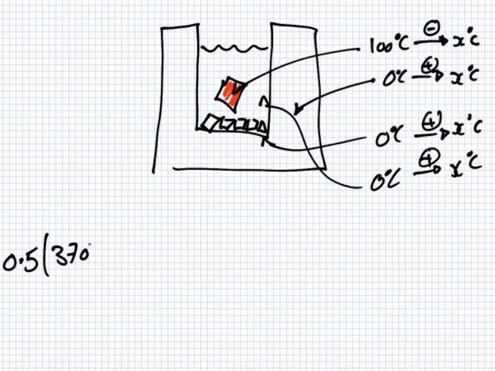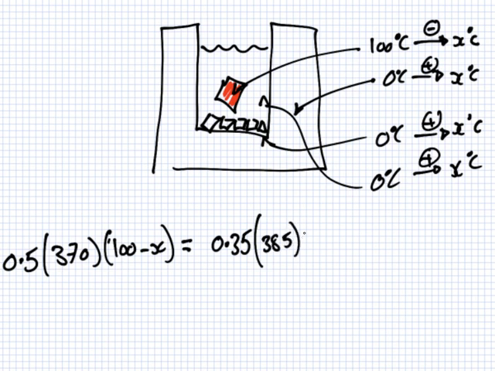And the temperature change is it goes from 100 to X. And that has to equal the energy gained by the copper, which is m times c times X. What's the mass of the copper cup? 0.35. And the heat capacity of the copper? 385. And it increases from 0 to X. And then the water, how much water is there? 0.25. And 4180. And that also goes from 0 to X.